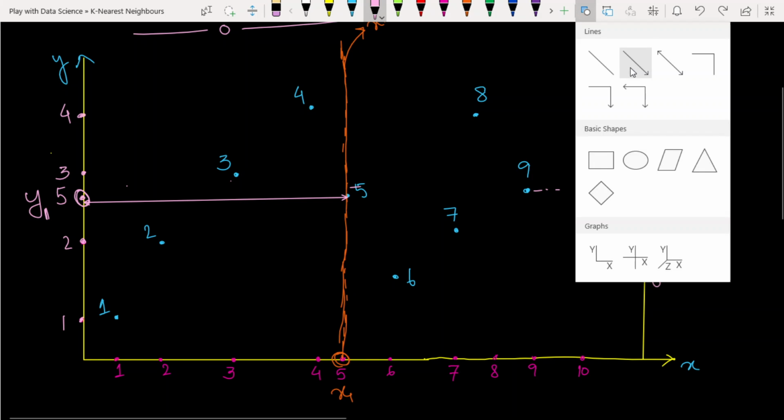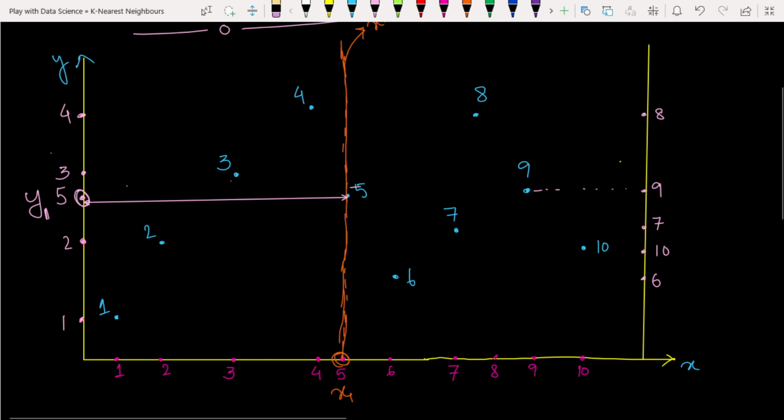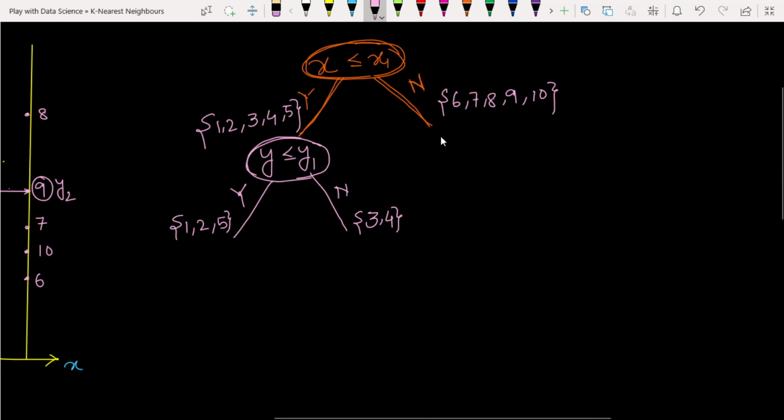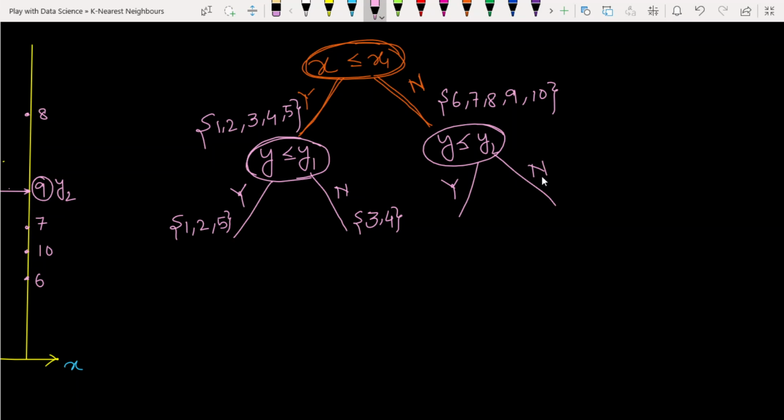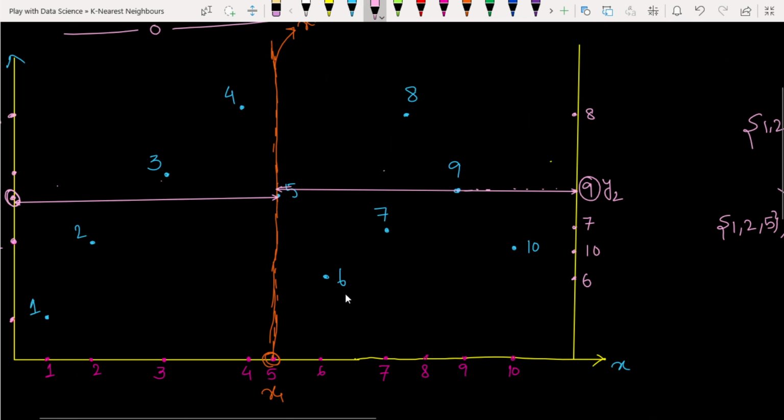Instead of 9, I am calling it y2. Similarly here, the condition is if y is less than or equal to y2. If yes, go one way; if no, the other.